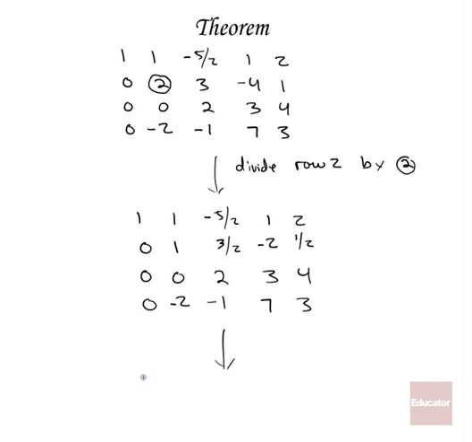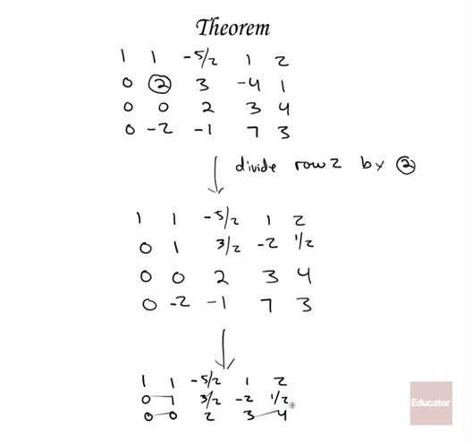Let me see if I can squeeze this in here. 1, 1, -5 halves, 1 and 2, 0, 1, 3 halves, -2, 1 half, 0, 0, 2, 3, 4, half.